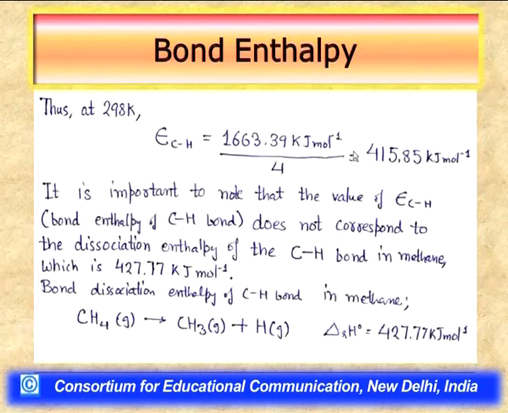However, we have determined bond enthalpy as 415.85 kilojoule per mole. So, therefore, it is very clear from this data that bond dissociation enthalpy varies from bond enthalpy. In a nutshell, we can say bond enthalpy is just the average of bond dissociation enthalpy of the same bond in different compounds.